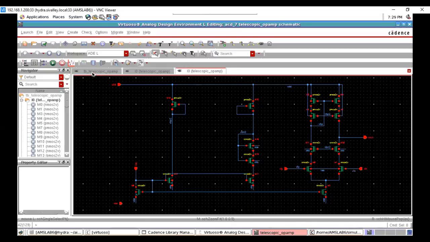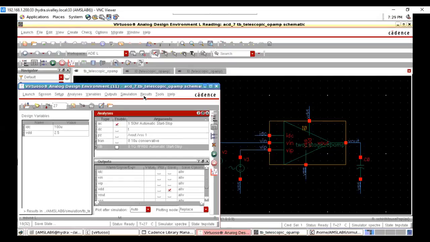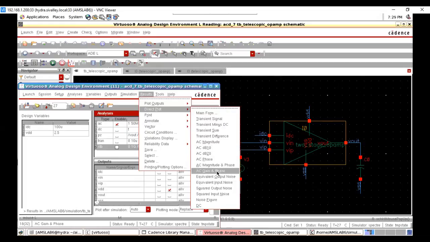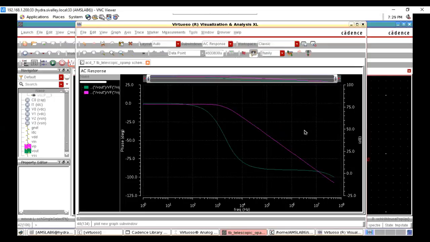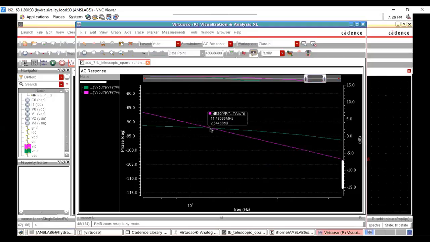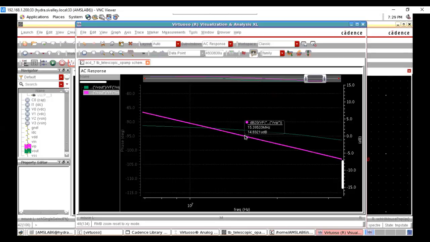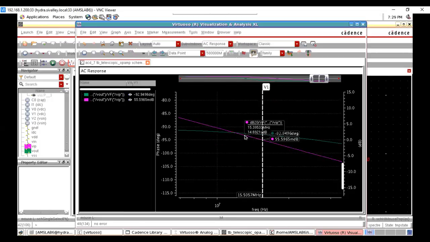Okay, it should be right. Yeah, it is 88 degrees here. But why is it coming double there?